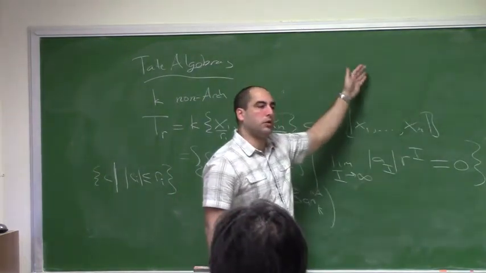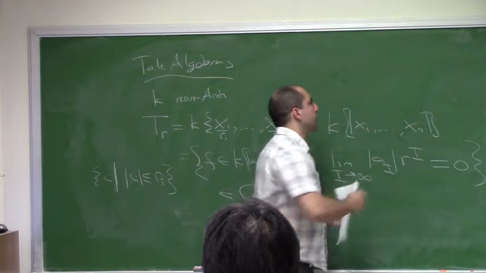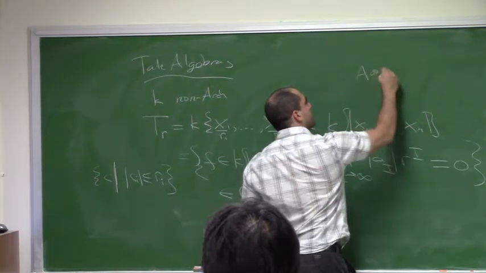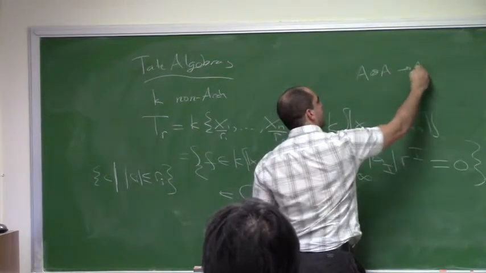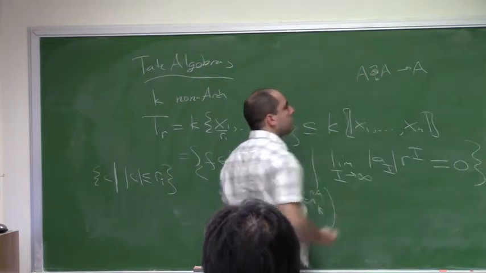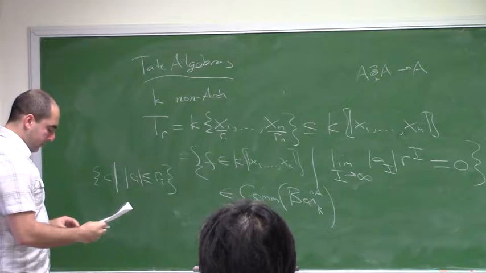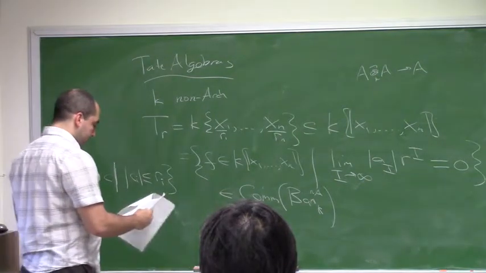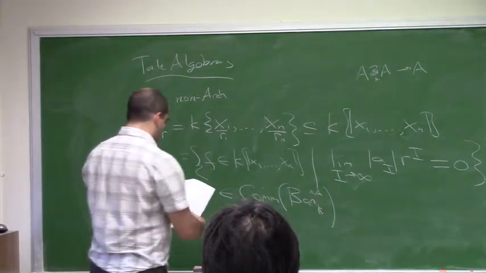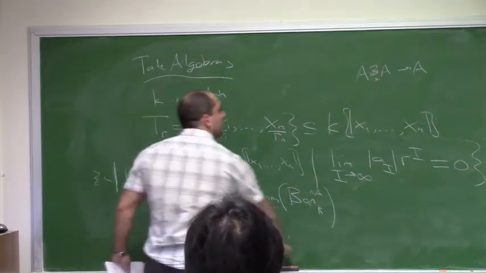It's an object together with a map from A tensor A to A that satisfies the usual axioms.